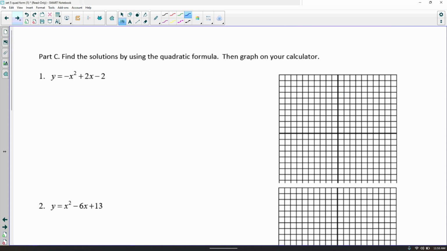All right, let's go on to part C. What do you got, Lakota? You're getting there. Yeah. I like it. Let's do 1 or 2 of these. You might see the difference between these and the ones we just did.